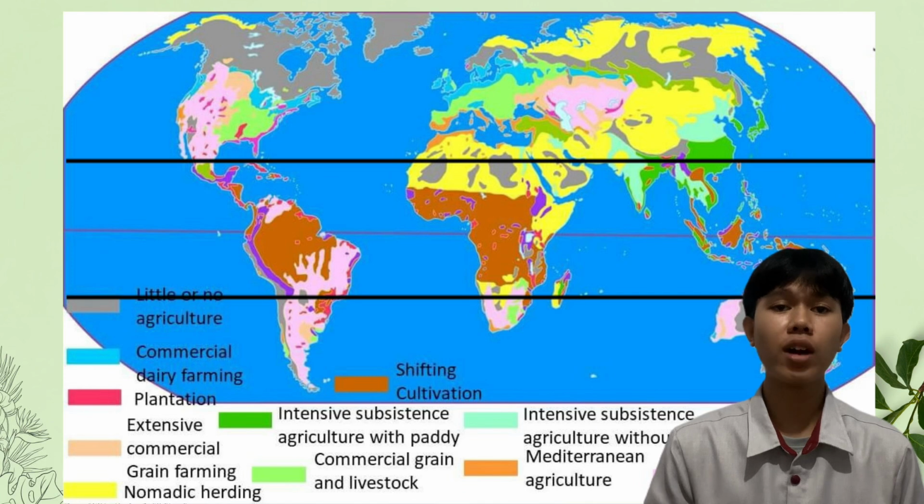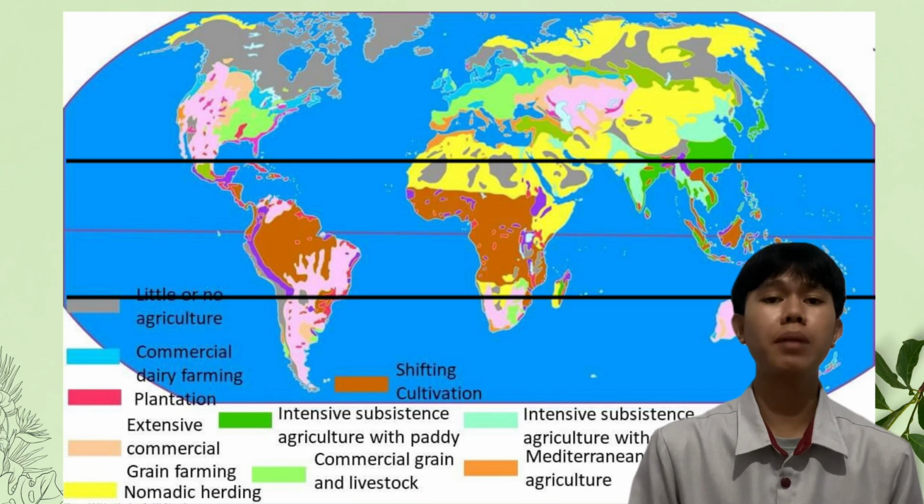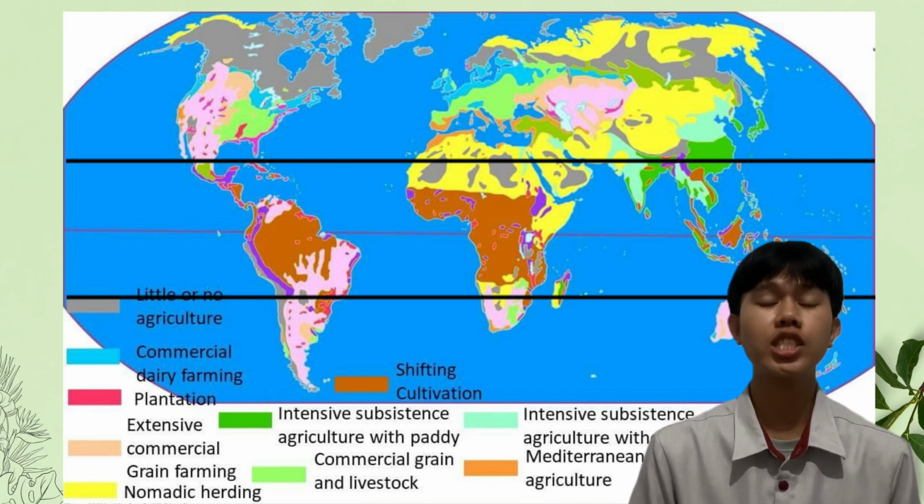The orange one, on the other hand, is shifting cultivation. It means the farmers clear land, grow crops for a few years, then move on and let the forest grow back. An example for this is parts of the Amazon rainforest and some areas in Southeast Asia and parts of Africa. So overall, this vegetation map shows us how people use land in different parts of the world.